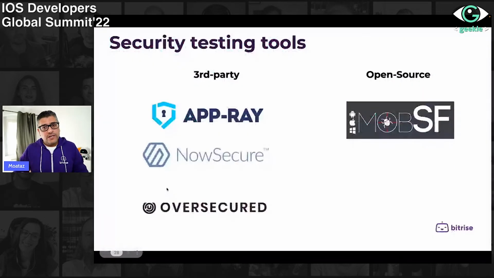Then you need to figure out which security testing tool is suitable for your team or your case. You have third-party or commercial tools like Appdome, NowSecure, Oversecured. You can find different security testing tools on the market. Or maybe you are thinking about open source.